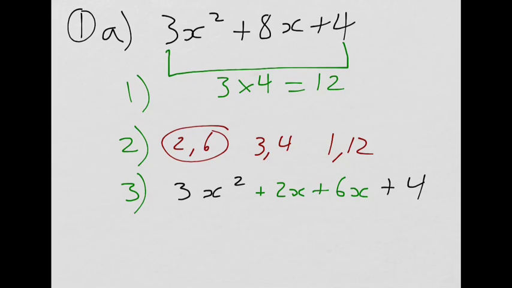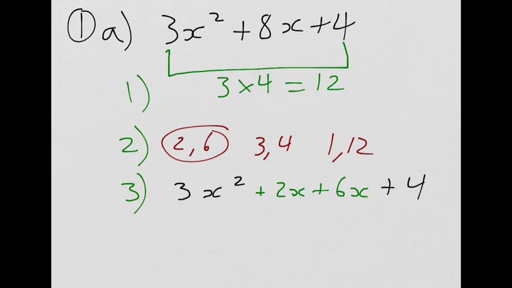plus 4. Okay, so let me just pause here because maybe that step can seem confusing. I used these 2 factors in my last step to tell me what I split 8 into. Notice that if I added these 2 numbers together, what does that equal? 8x. So I haven't really changed anything about my expression. I've just changed what it looked like.